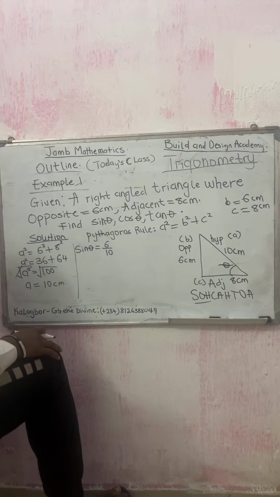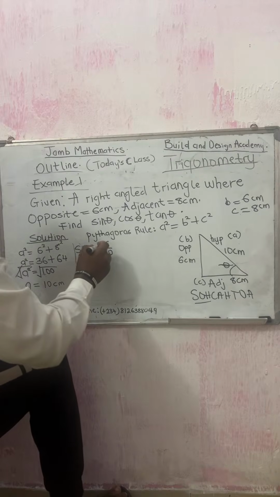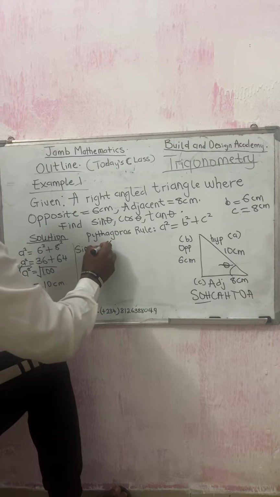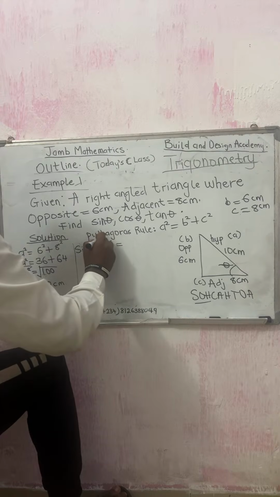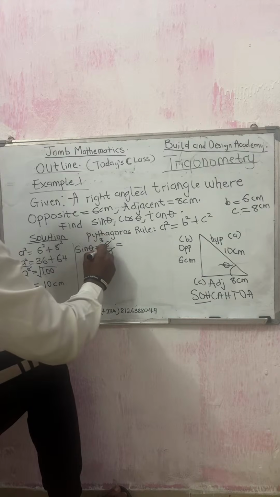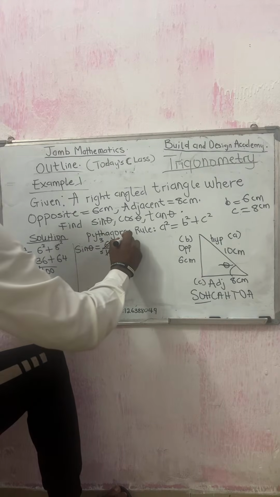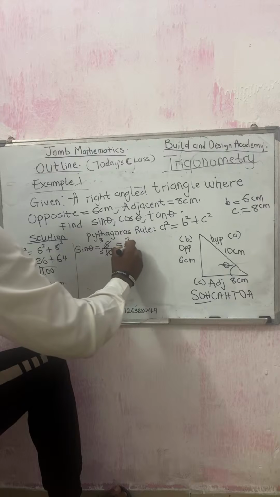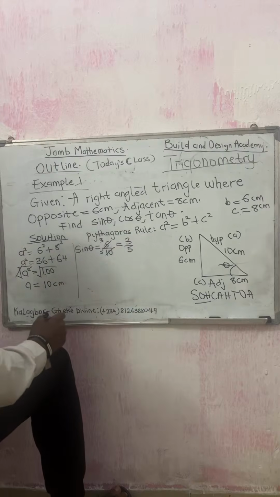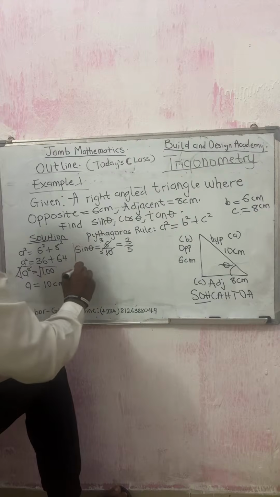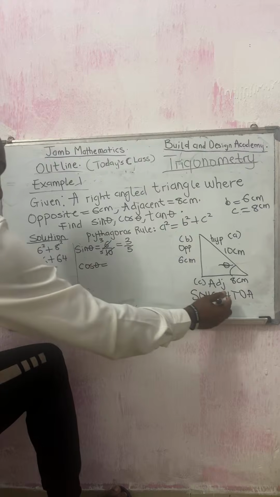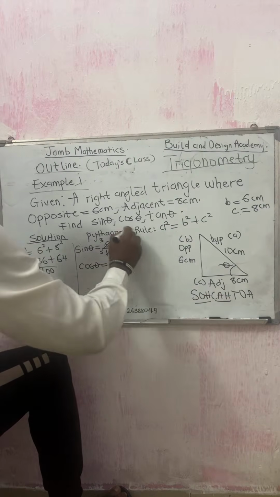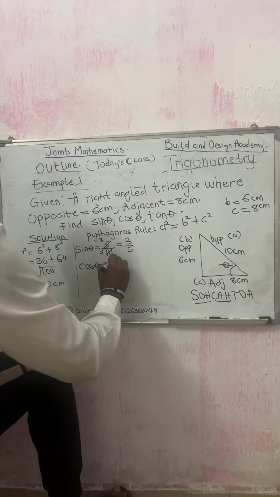Next up, they say we should look for cos theta. But before we do that, we know that here can be divided by 2 to get 3, and here can be divided by 2 to get 5. So our new value will be 3 over 5. So moving on to cos theta. Cos theta will be equals to adjacent over hypotenuse. Adjacent is 8.